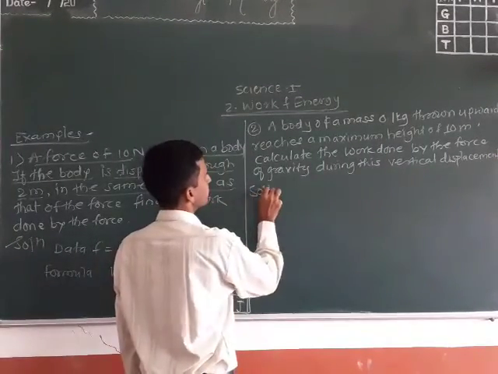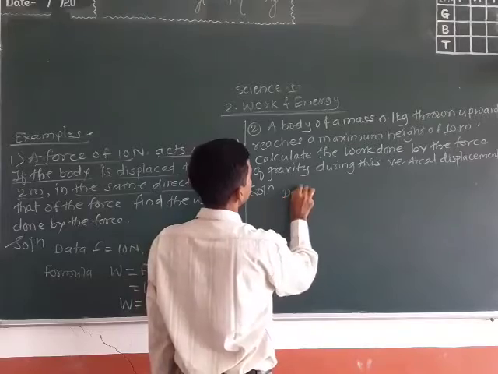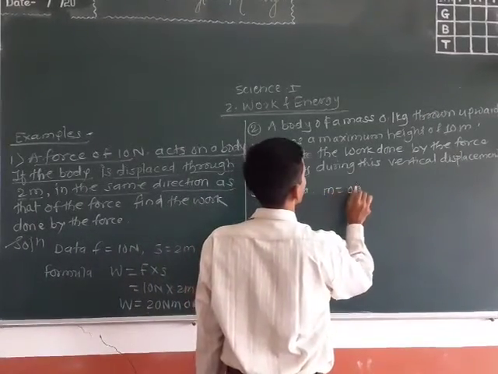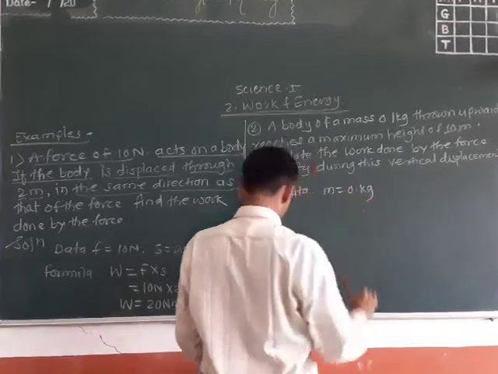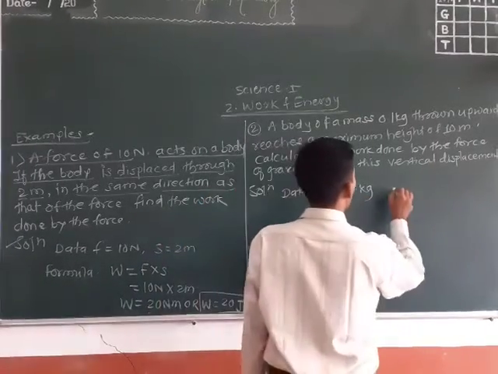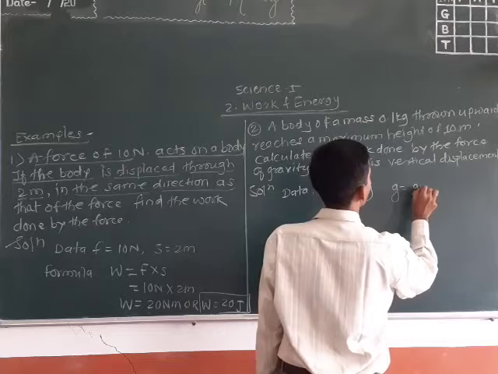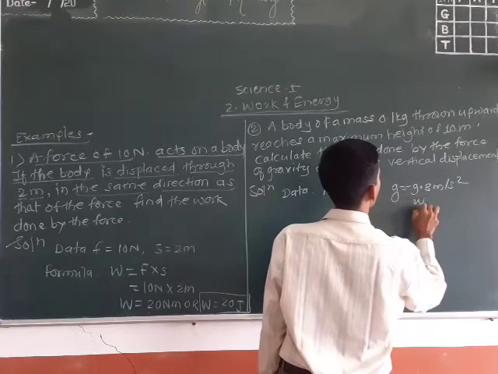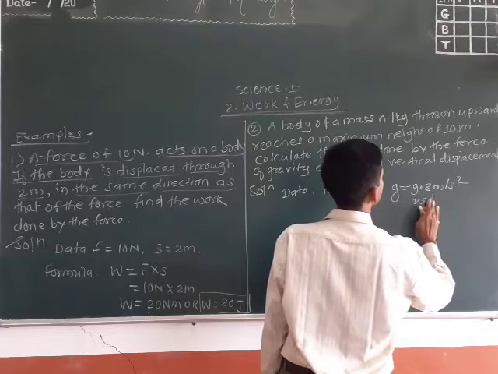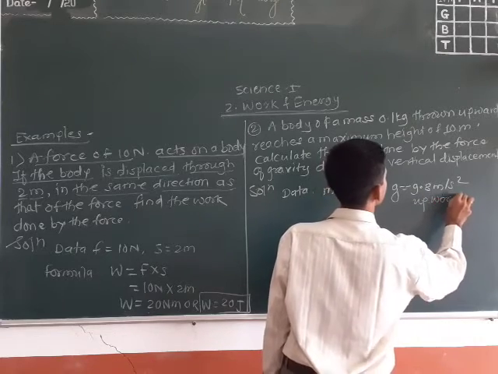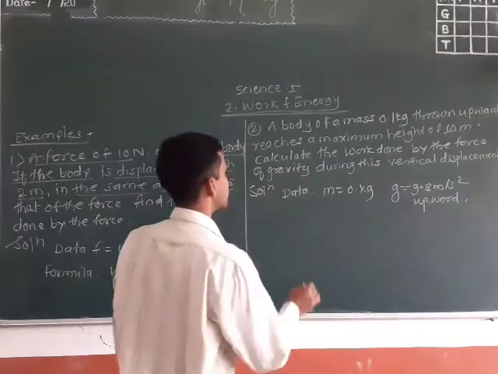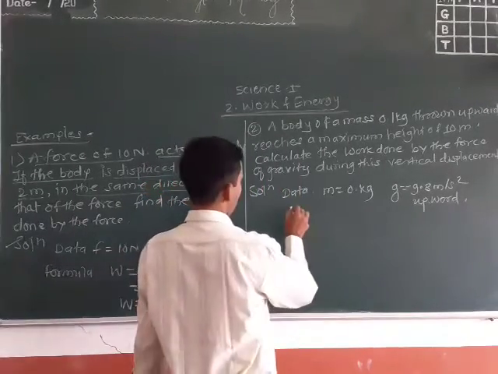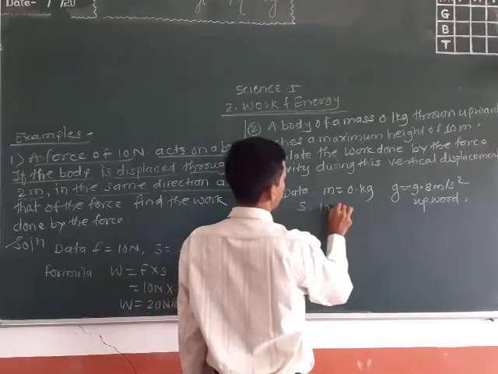Solution: data. First, mass is equal to 0.1 kg and g is equal to minus 9.8 meter per second square, as it is upward, and s is equal to 10 meter.